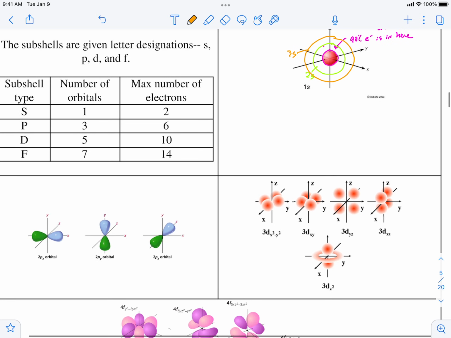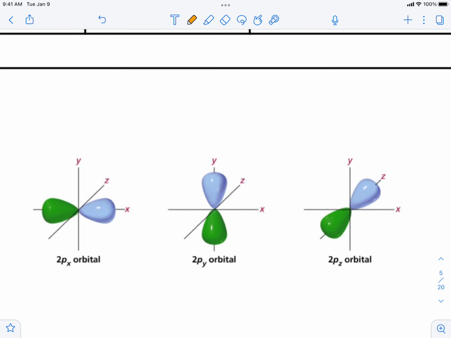What if the electrons are in a p subshell? The p subshells are actually divided into three areas. The first one, which lies along the x-axis, is called a px orbital because it lies along the x-axis. The second one is called a py, and the third one is pz, so xyz plane.